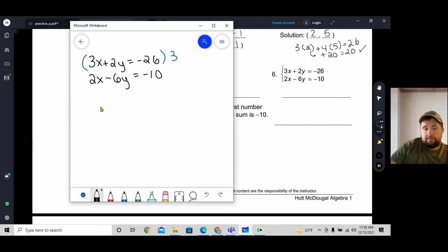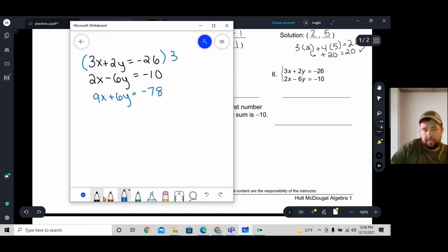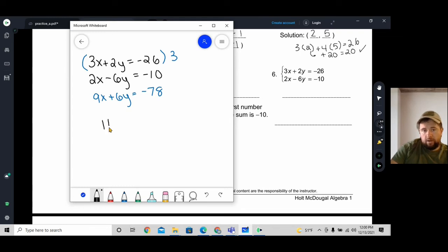I'm going to end up with 9x plus 6y equals -78. And now what I have is a negative y and a positive y. These two will cancel. I'll end up with 11x equals -88, which means x equals -8.